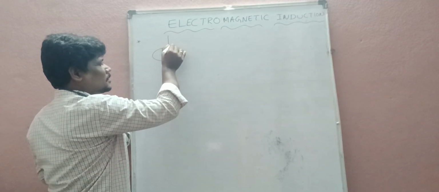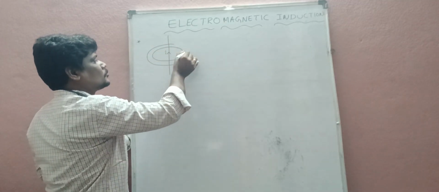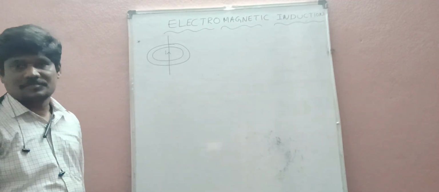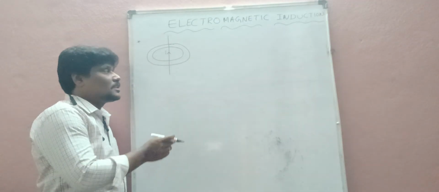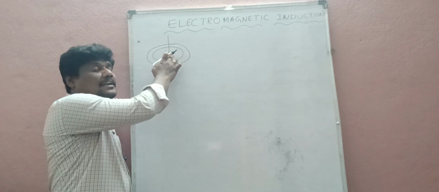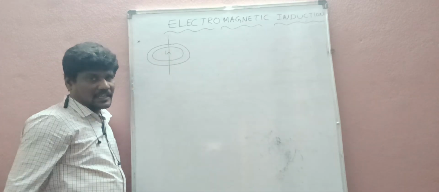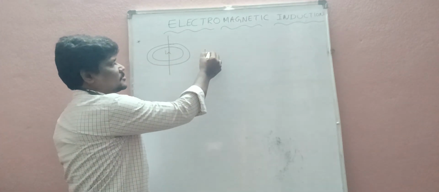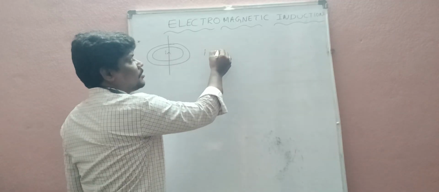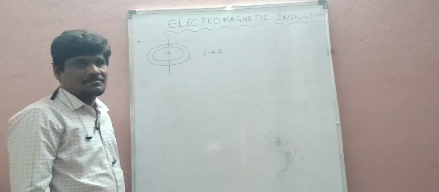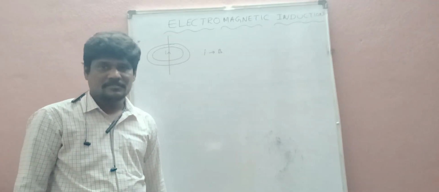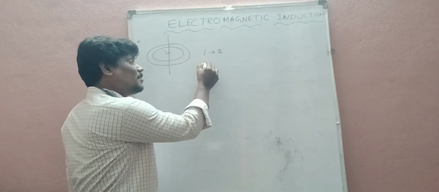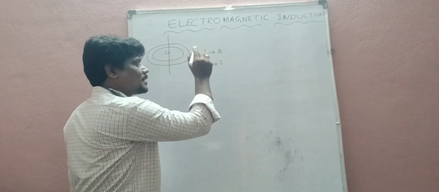These are the magnetic field lines. That means the electric current produces the magnetic field. If the converse is also possible, that means a magnetic field also produces electric current.